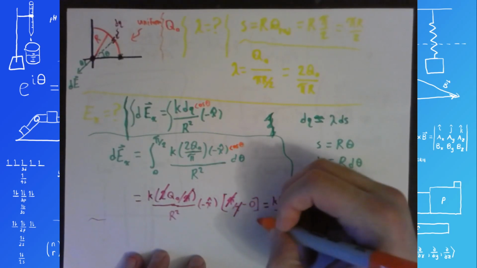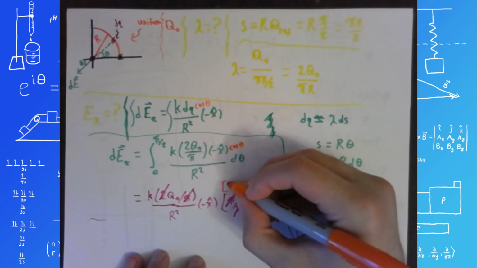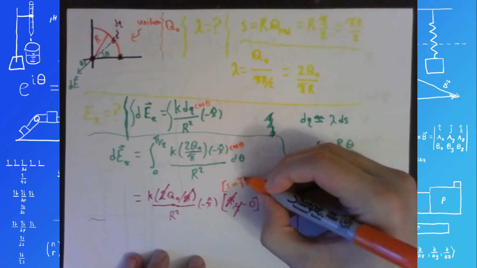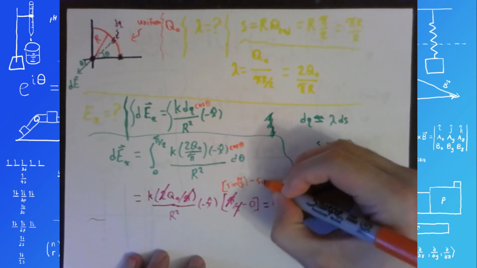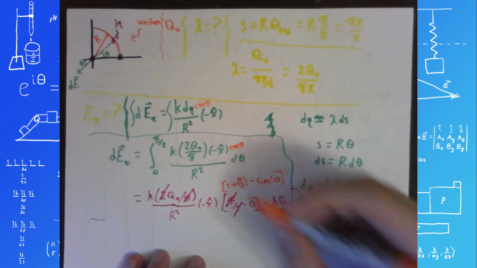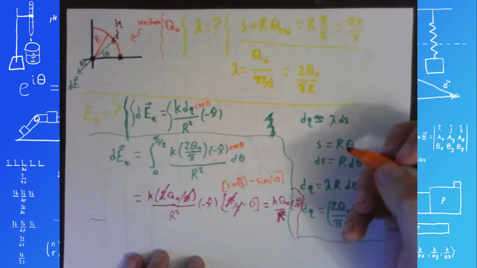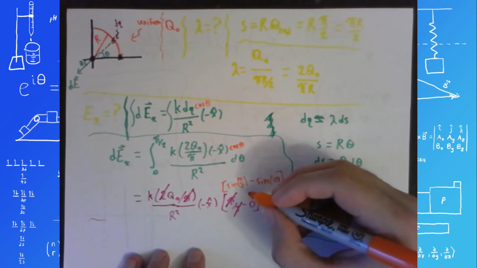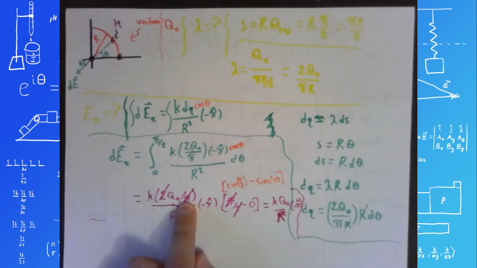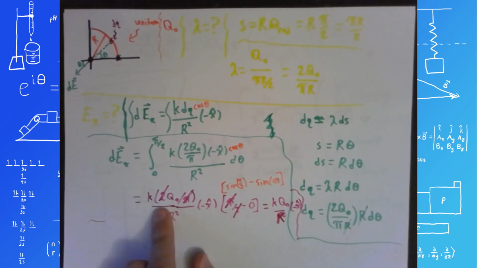So instead of pi over 2 minus 0, it should actually be sine of pi over 2 minus sine of 0, which is 1 minus 0, which is 1. So then the pi over 2 isn't there, which means the 2 and that pi do not cancel.